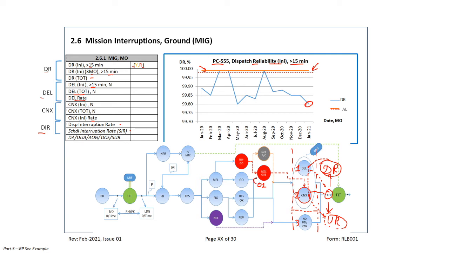So 01 is AOG, out of service. The operations department has a spare aircraft, and decides to use a substitute aircraft, 02.